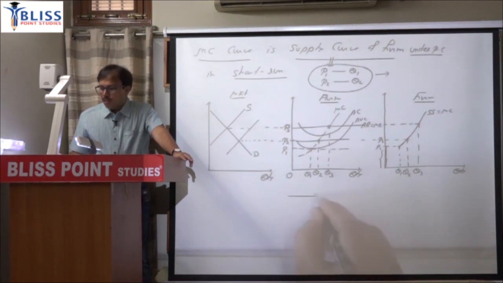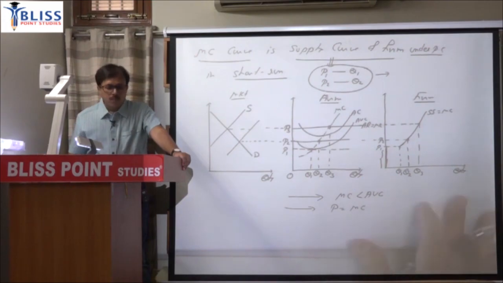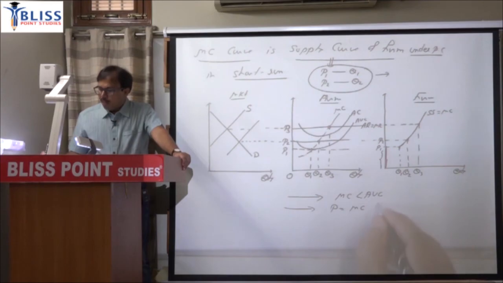This is because, give the reason here, when MC is less than AVC, then equating price with marginal cost implies that price is less than AVC.